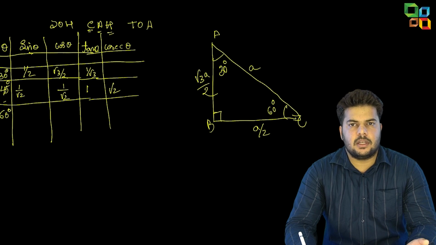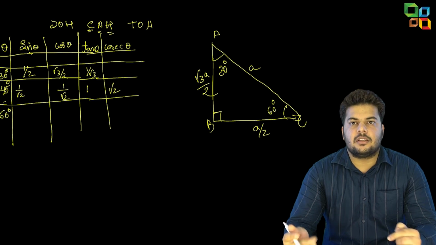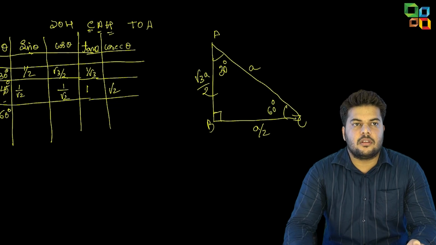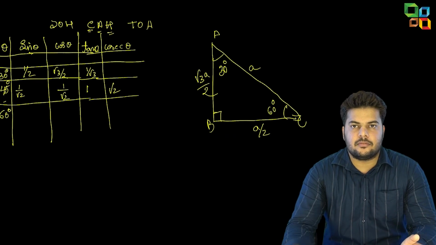What is the sine of 60 degrees? It's the cosine of the 30 degrees, no? Sine of 60 is the cosine of 30. Agree with me? You can see for yourself, just try it out.